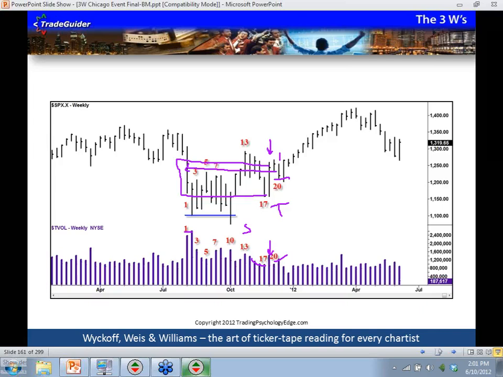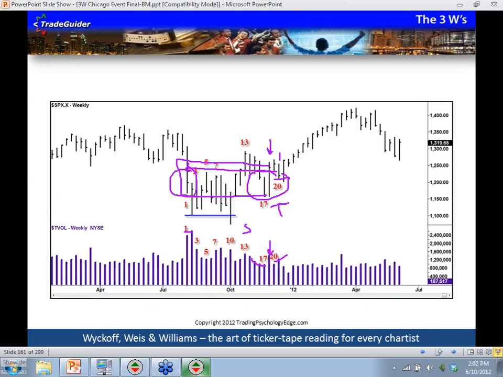So we're looking at volume, price, the close of a price bar, and the spread. We're comparing the current price bar with previous price bars, the current volume with previous volumes, and the area of the current price action and volume action with the price and volume action that occurred in a similar area not too long ago.